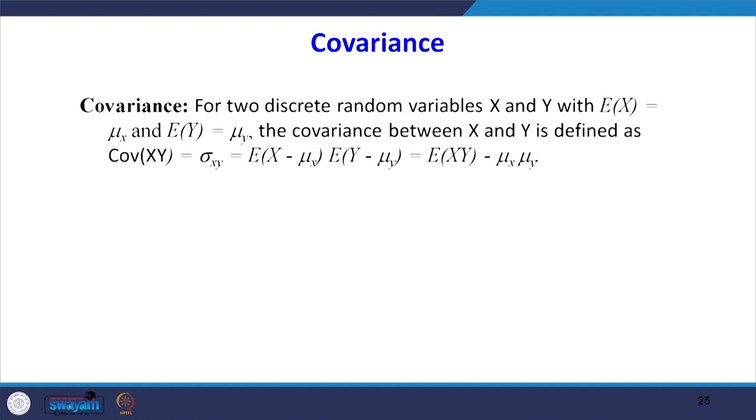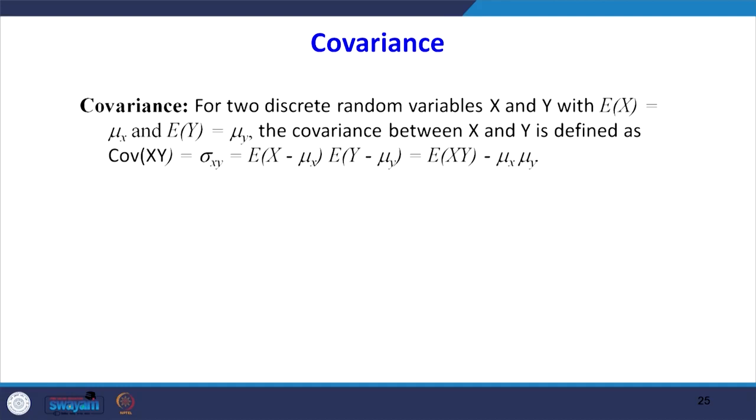Then covariance. For two discrete random variables X and Y, E of X equals mu x and E of Y equals mu y, then covariance between X and Y is defined as covariance of X comma Y, which can be written as sigma xy, equal to E of X minus mu x times Y minus mu y.